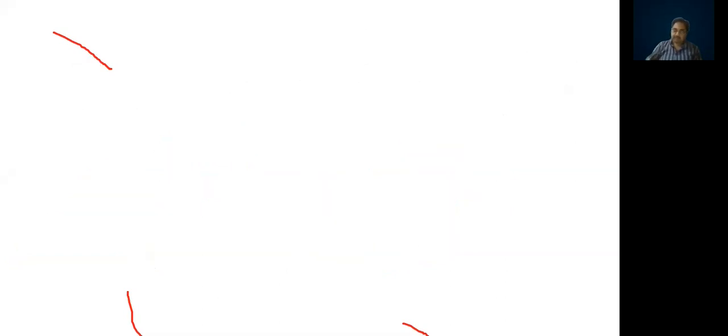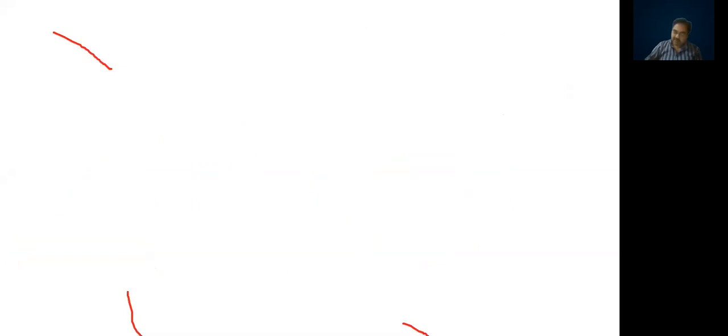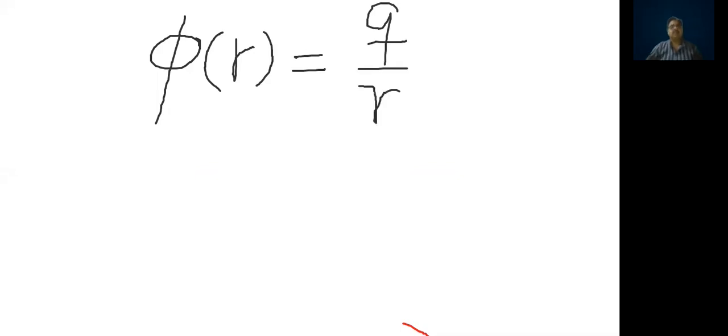Now to us, the meaning will be that the potential is not the same as it was in the case of the Coulomb. So now you have a different potential. What is that different potential? φ at a given point was earlier given as Q/R. This is the Coulomb potential.